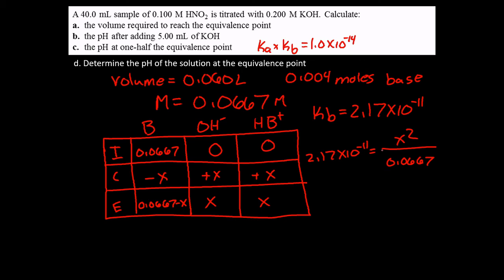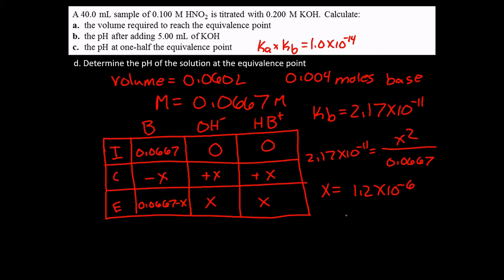And if I solve for x, X is 1.2 times 10 to the negative 6, which if you double check that to make sure the assumption was okay, you get 0.001%. So well below 5%. So we are perfectly fine to make that assumption.